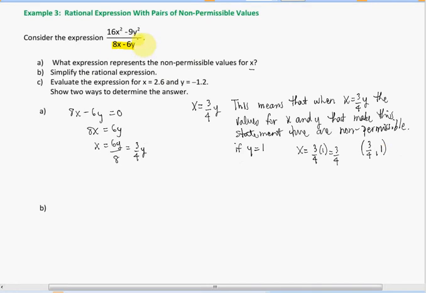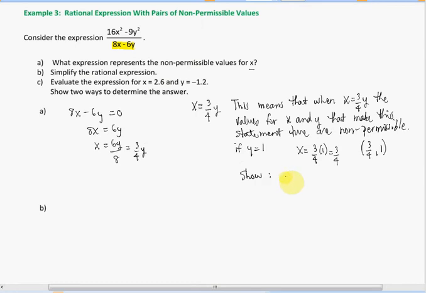undefined. Actually in this case it's indeterminate. I'll show you what that means in a moment. But what it means is that when x is 3 over 4 and y is 1, together they're non-permissible. So let's just show you that. We're going to plug in to the original expression.